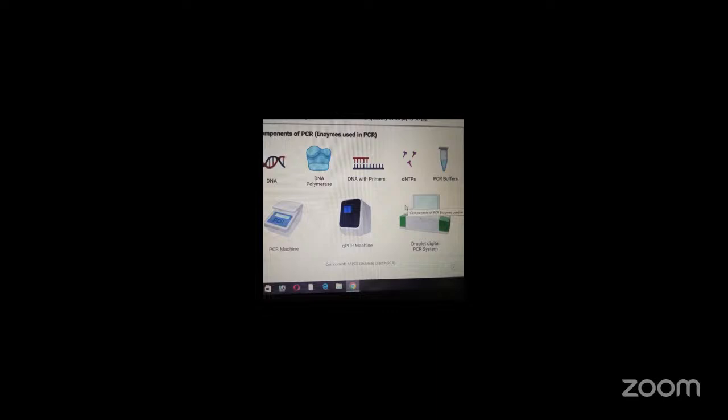So some objectives are there. What are the objectives here? The PCR technique amplifies specific segments of DNA or RNA, resulting in billions of copies of a single DNA or RNA segment.